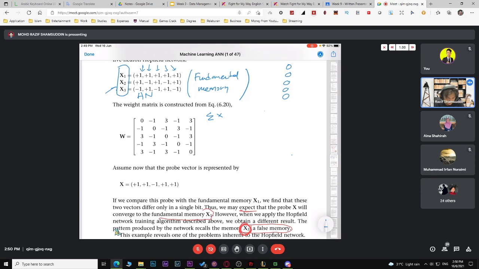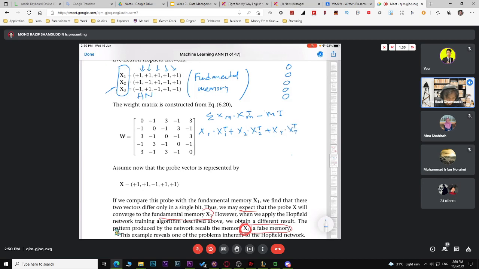So X M times X M transpose minus M times I. Written as x1 times x1 transpose plus x2 times x2 transpose plus x3 times x3 transpose.